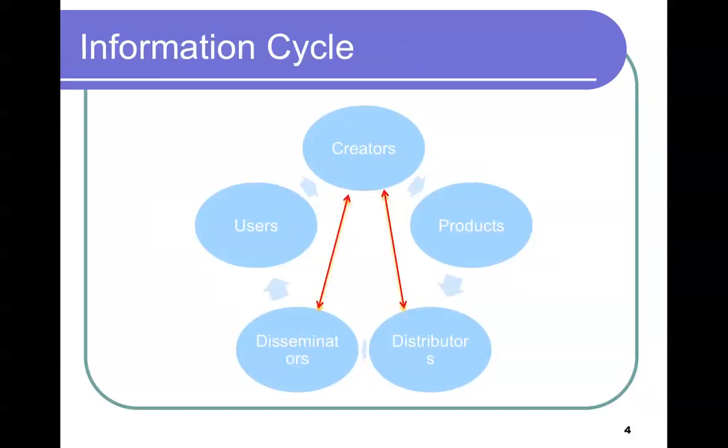When we talk about libraries, Richard Rubin in his textbook talks about the idea of the information cycle. He talked about the ERI model, education, research, and information, and he talked about information starting with creators.